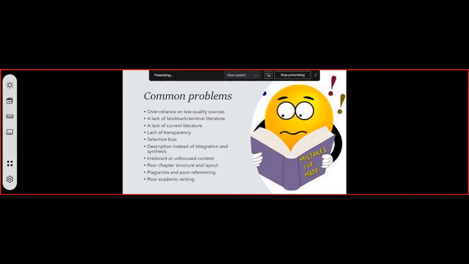So just to come back to one of the questions. Please try that when you want to identify landmark or seminal literature. And seminal literature will often have an older date to it. So they might not be seen as dated sources, but they are seen as seminal text.